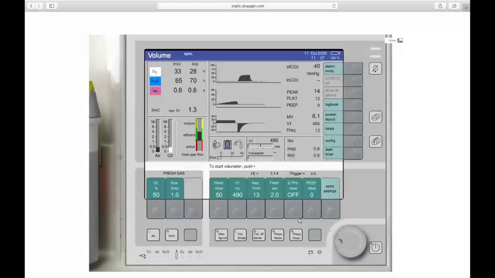PEEP plays a special role. I hope you have noted this, and I encourage you to learn what positive end-expiratory pressure is and its role in furthering your knowledge. Once we have set satisfactory ventilation parameters, we will also want to maintain anesthesia.